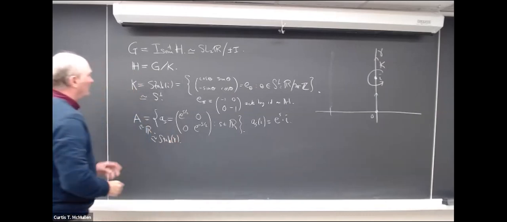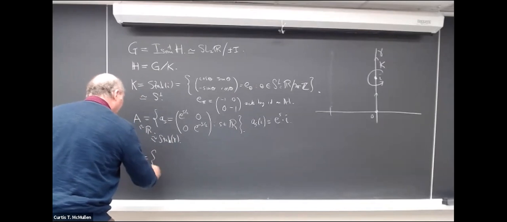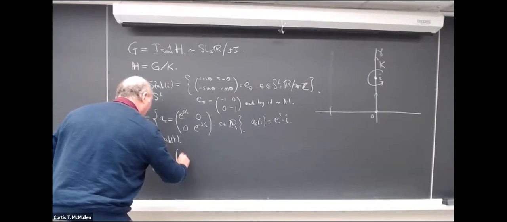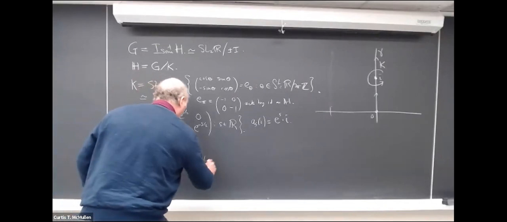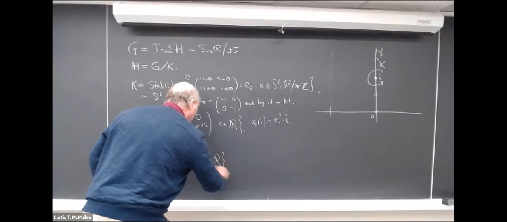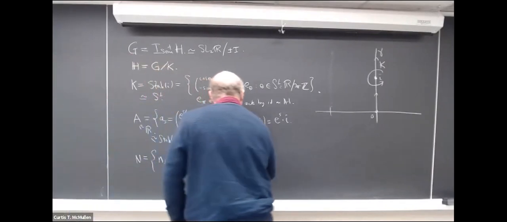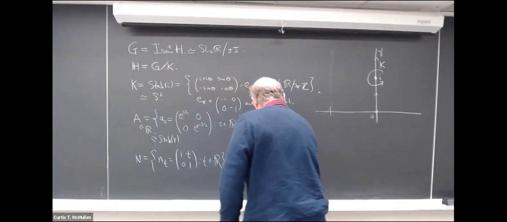And then our third one parameter subgroup is N, which is the elements I'll write as N_t, 1, t, 0, 1. Again, t is in R. This is a non-compact one parameter subgroup. And of course, this acts by N_t of i is i plus t.